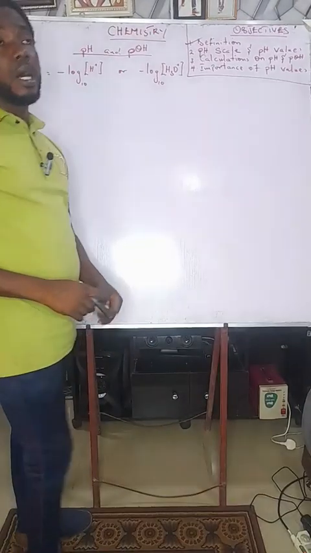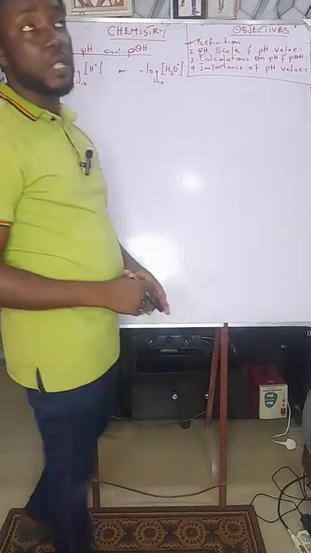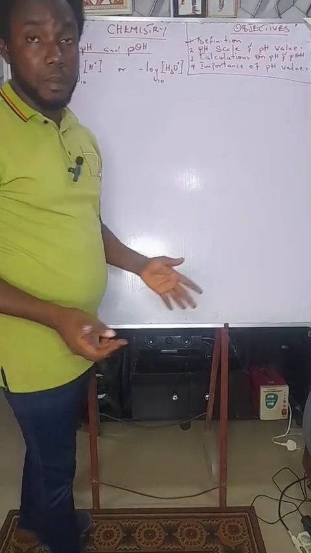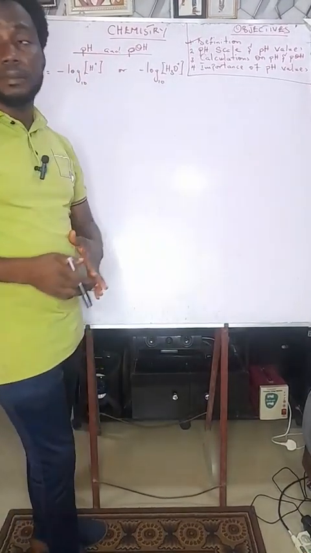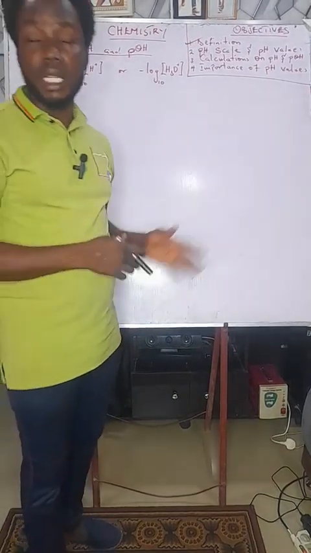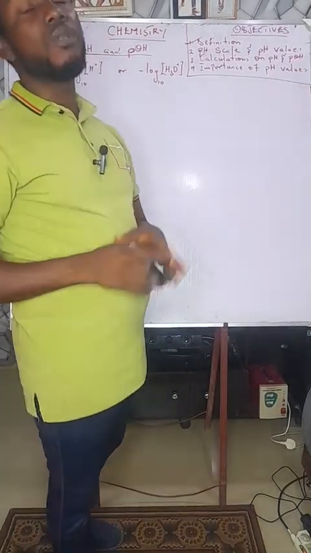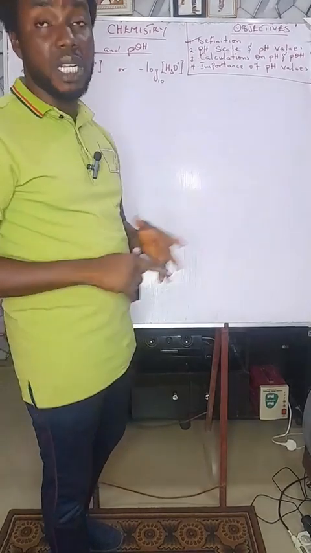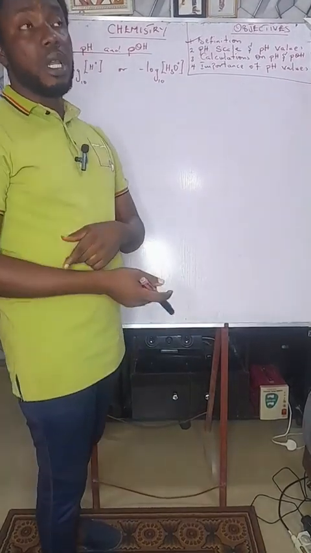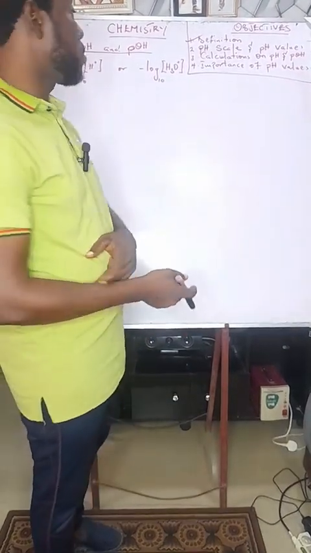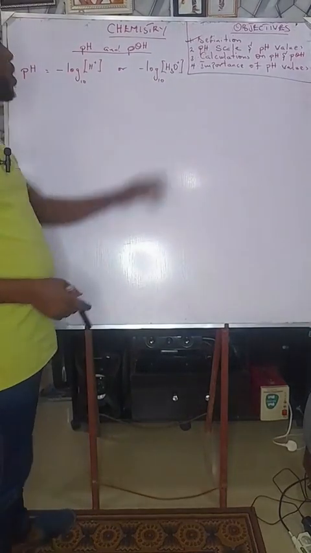I am very sure that you have done logarithm at school, because we are going to be applying logarithm in this case. You must have done logarithm or indices in your SS1. So the knowledge is very good here.